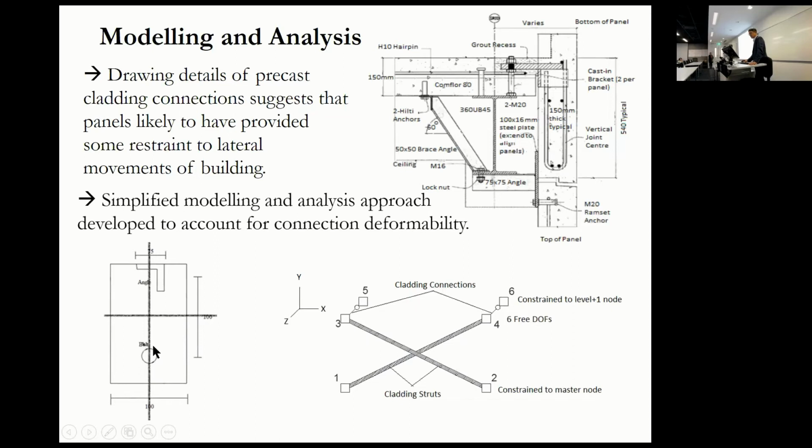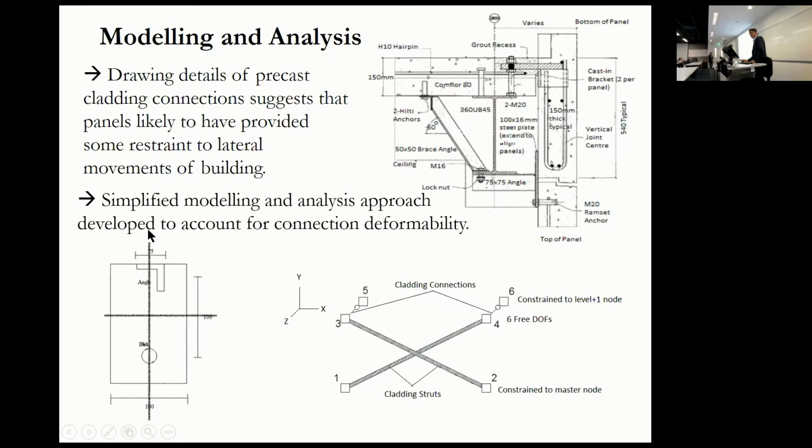If you can imagine a single bolt clamped onto the panel, if you try and push that angle laterally back and forth, it'll twist and bend, and you'll get some prying effects, where you will get some moment resistance and some lateral resistance from this connection.